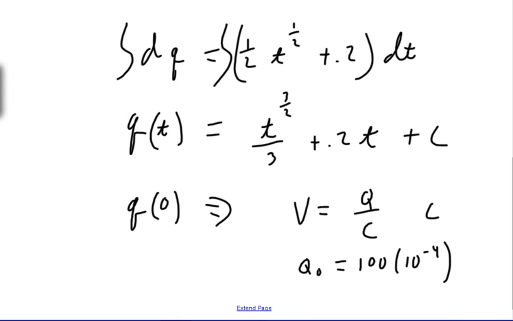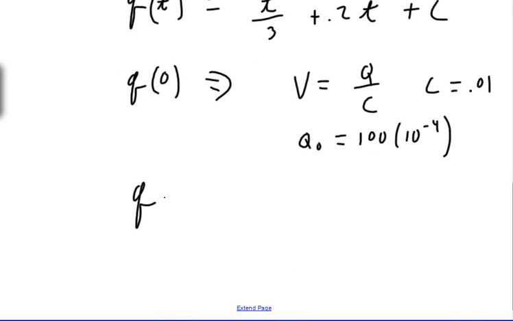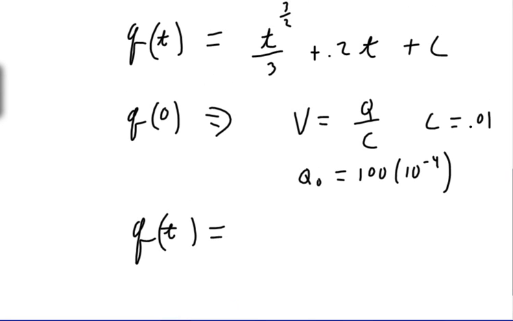That constant C, which is different than this C because this is capacitance, is going to be 0.01. So Q at t is equal to t to the 3 halves over 3 plus 0.2t plus 0.01.